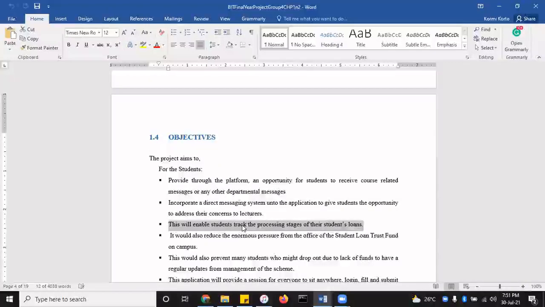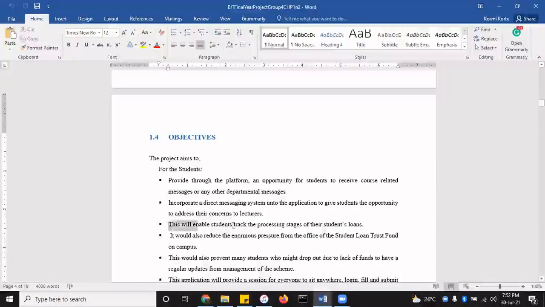Okay? Now over here, the benefit is not considered an objective. This is what you gain out of the implementation. So that is not a how. As I pointed out earlier, the objectives are the actionable processes that you have to undertake to accomplish your aim.